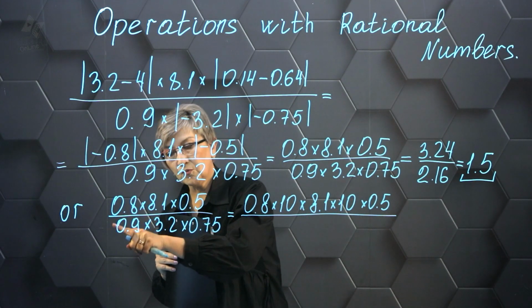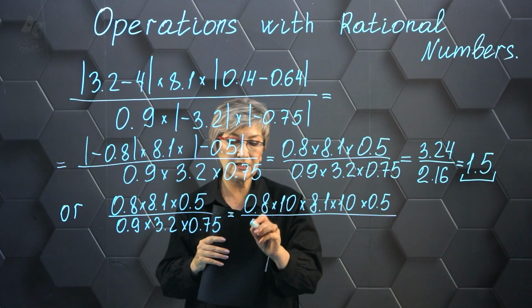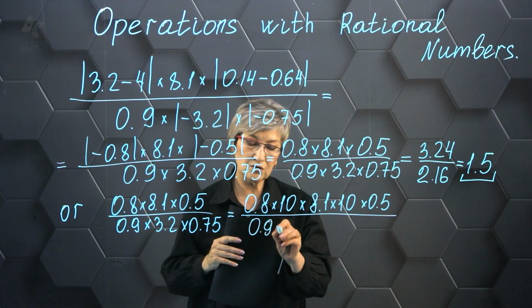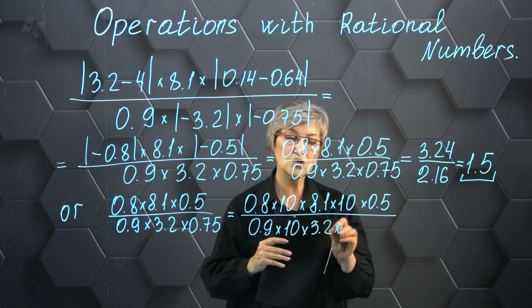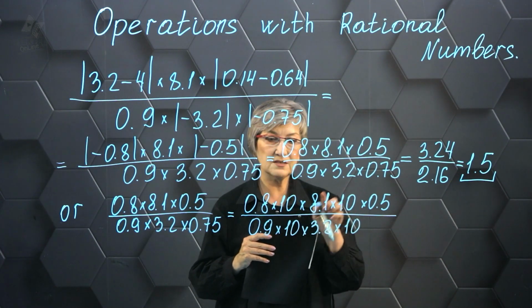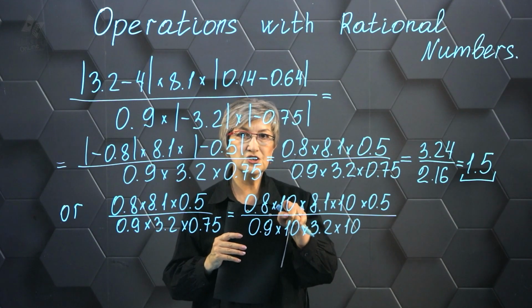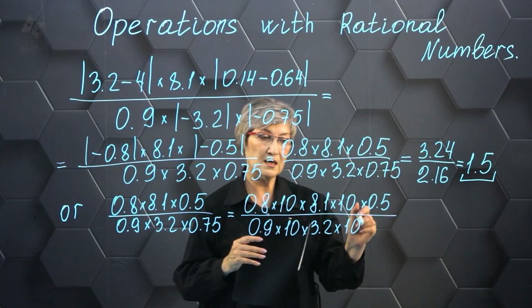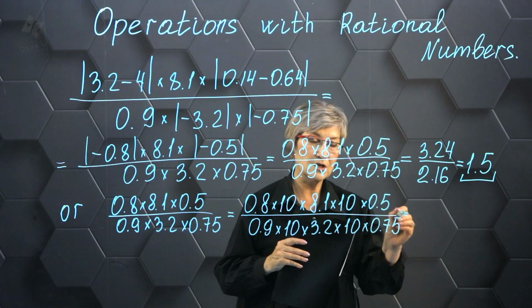I see that I have the number 0.9 in the denominator, and I will multiply that number by 10. And I'm going to multiply 3.2 by 10. Now notice, I have 2 tens in the numerator and 2 tens in the denominator, and I will rewrite the number 0.75. What is the result?